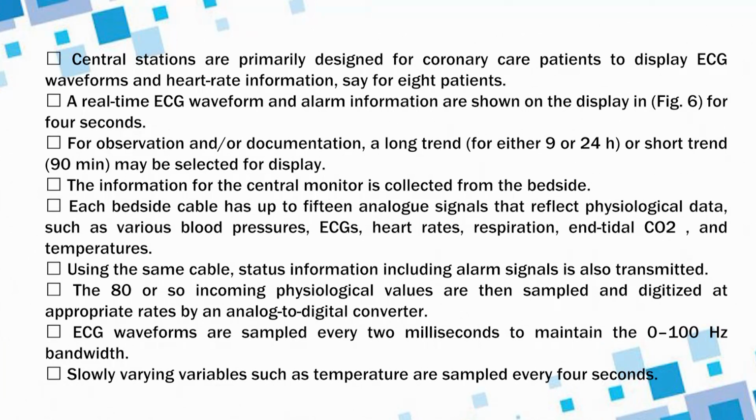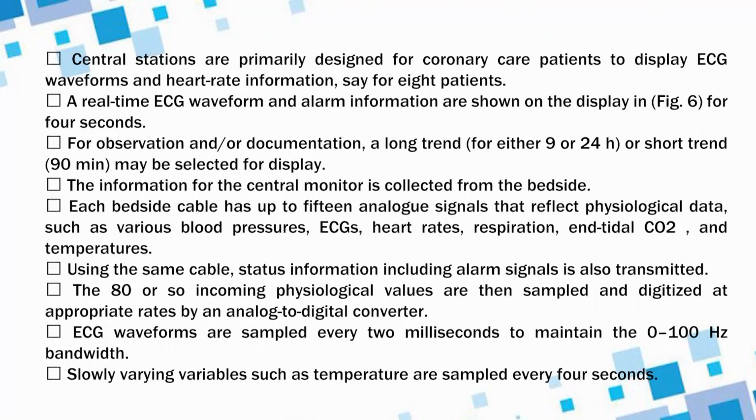The information for the central monitor is collected from the bedside. Each bedside cable has up to 15 analog signals that reflect physiological data such as various blood pressures, ECGs, heart rates, respiration, end-tidal CO2 and temperatures.